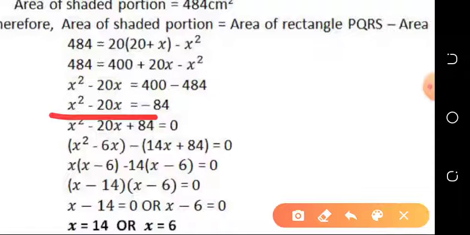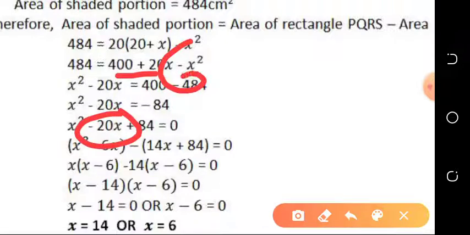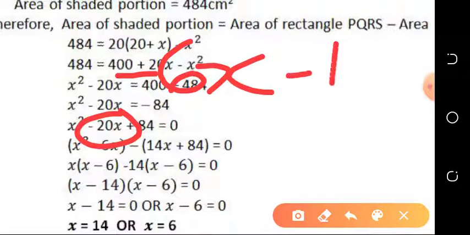So the two numbers are minus 6 and minus 14. You have x squared. The whole essence of getting these two numbers is to replace them in place of this minus 20x. You have minus 6x and minus 14x. By the time you simplify these two, minus 6x minus 14x is still minus 20x.